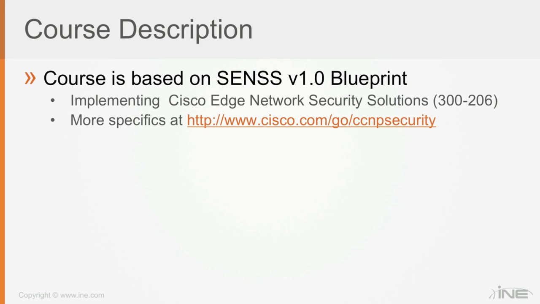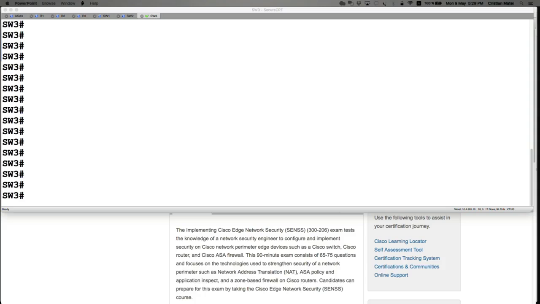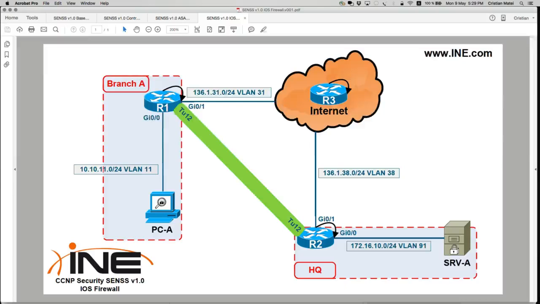The course is based on the actual official blueprint from Cisco. I'm going to take, in a couple of seconds, a detailed look at the blueprint. So let me open up the blueprint.